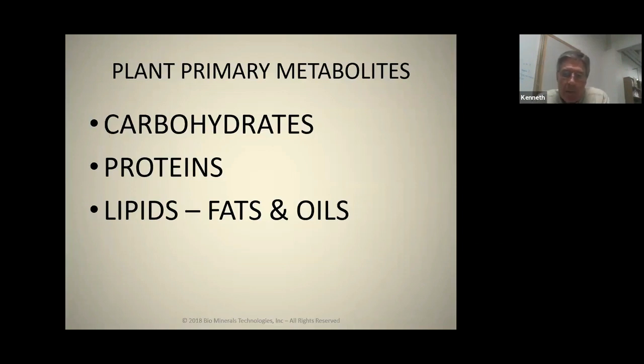Plant primary metabolites. The first thing a plant does is produce carbohydrates from photosynthetic energy, carbon, oxygen, hydrogen. All it takes is those three elements to start forming carbohydrates. And when you look at plant structure, it's absolutely simplistically brilliant. You have simple sugars, which are your monosaccharides. Then you have disaccharides, oligosaccharides, and polysaccharides.